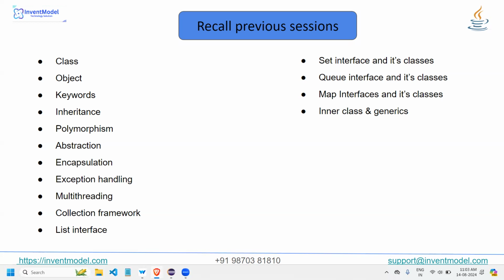Now let's discuss generics in Java. What is generics in Java? We have already covered it in our previous session, I think yesterday. In generics, we can say it is for type safety.